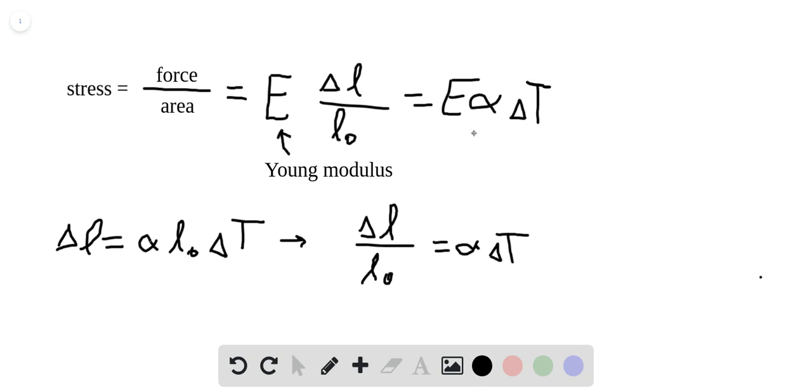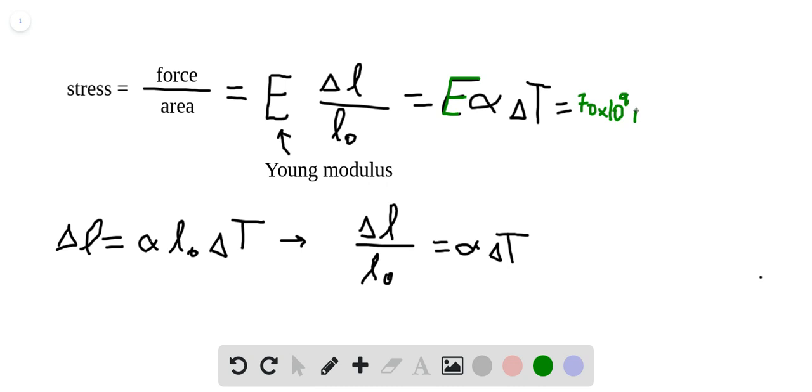For aluminum, if we look back into chapter 9 at table 9.1, we find that E, the Young modulus, is equal to 70 times 10 to the 9.